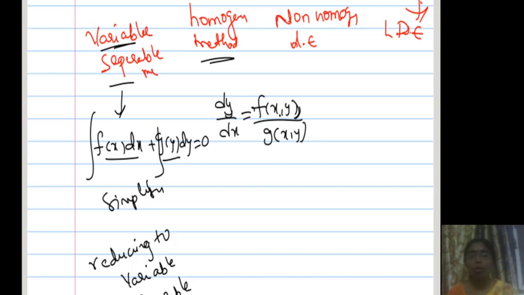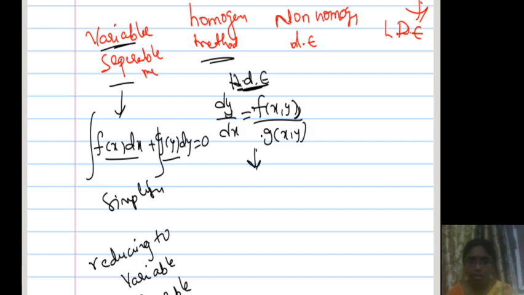If both are homogeneous functions of the same degree, then we say that the given differential equation is a homogeneous differential equation. If it is homogeneous differential equation, you have again two methods, depending on the question.